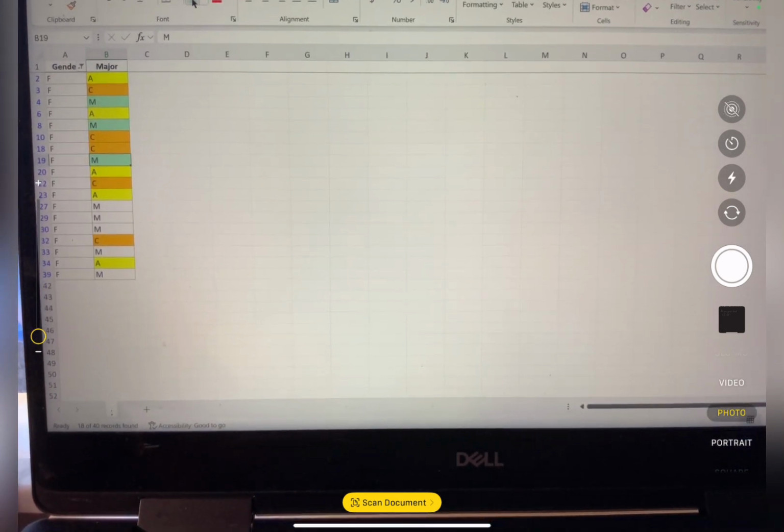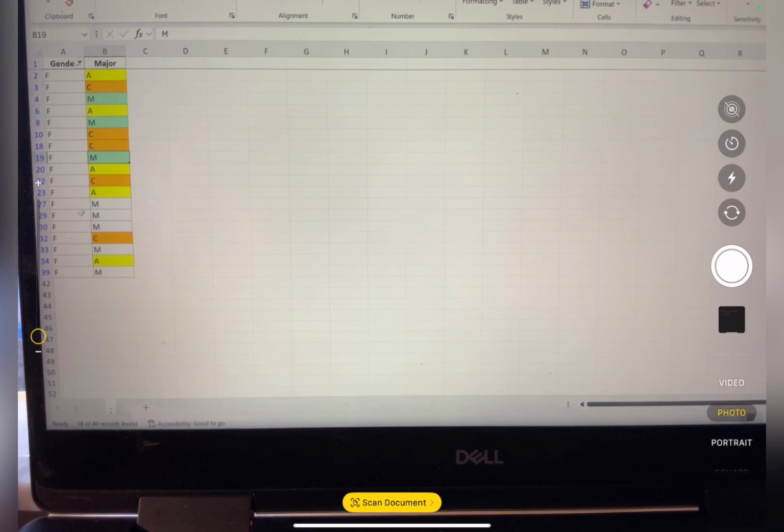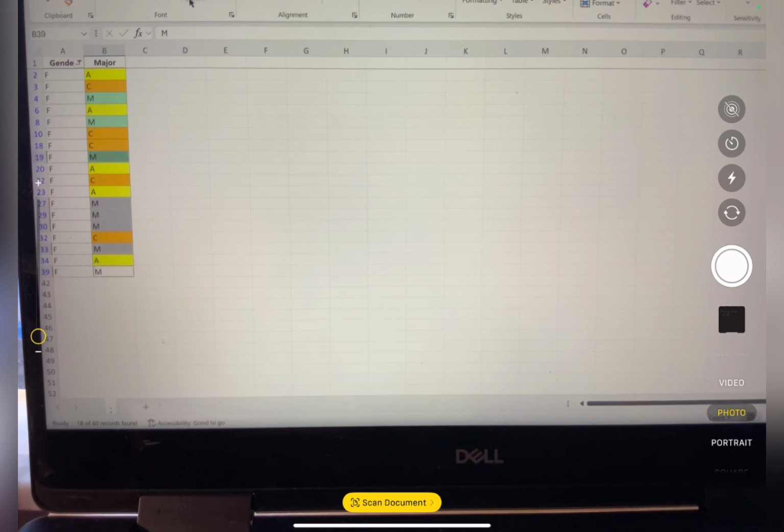I also can select all these cells. I'm holding the control button on the keyboard and clicking on all the M's. See, I picked up all the M's and clicked green, and at once everything became green. All right, so let's count it now.